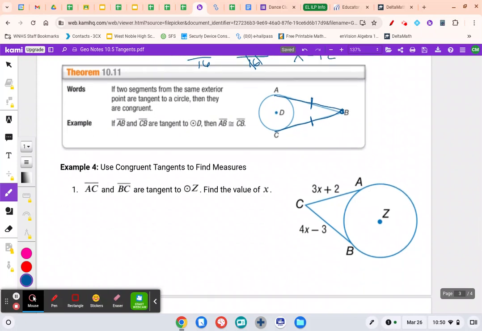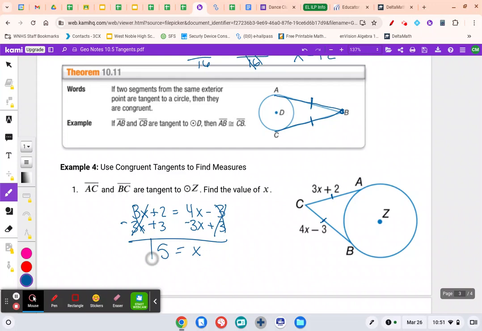We know that AC and BC are tangent to the circle, so we can find the value of x. We just know they're congruent, so you set them equal and solve. Nothing crazy here. So this gives you that x is 5. And you're done. Don't have to solve for a segment length or anything.